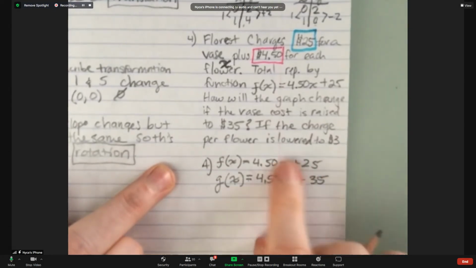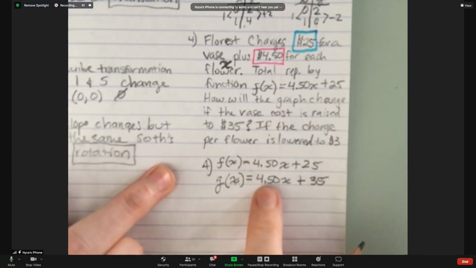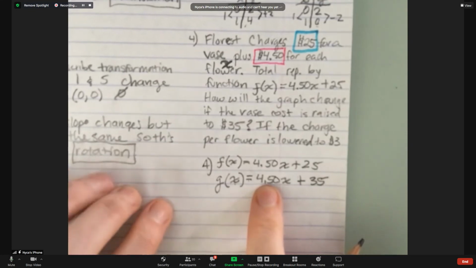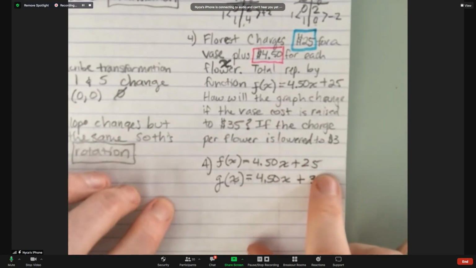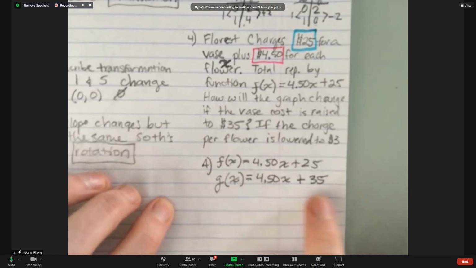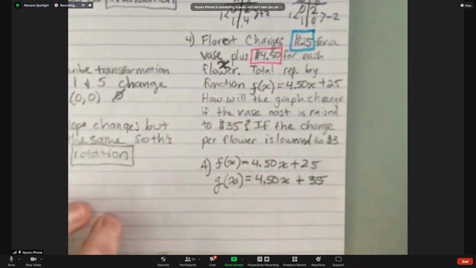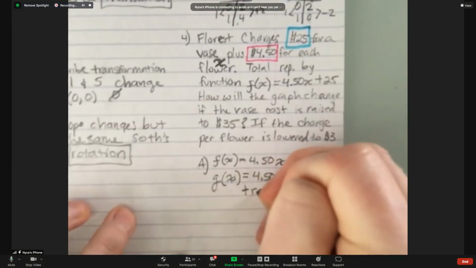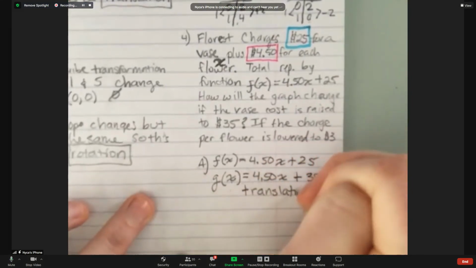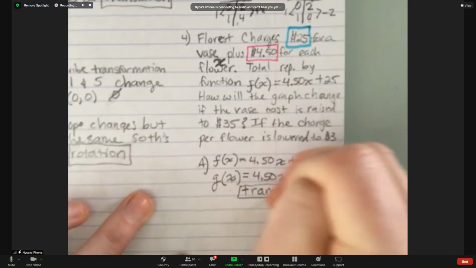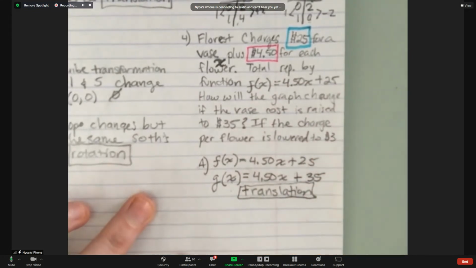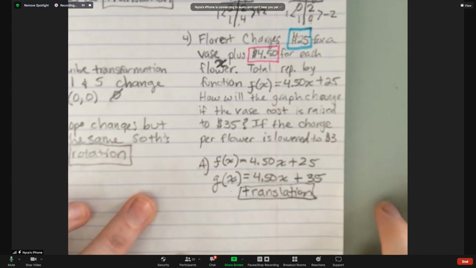Now you have to say the slope stays the same, but the B changes. So if the slope stays the same but the B changes, this would be a translation. And if it asked you to graph it again, you would just graph these two lines.